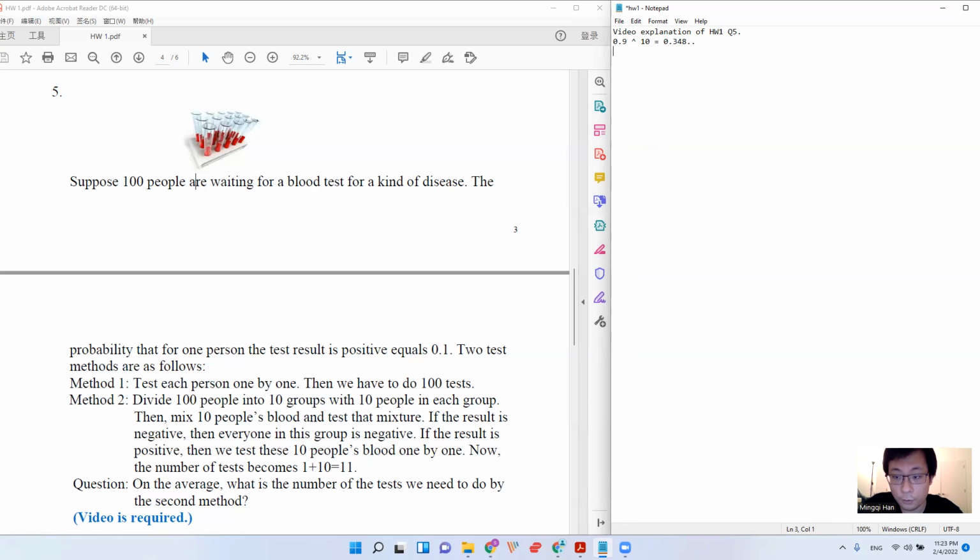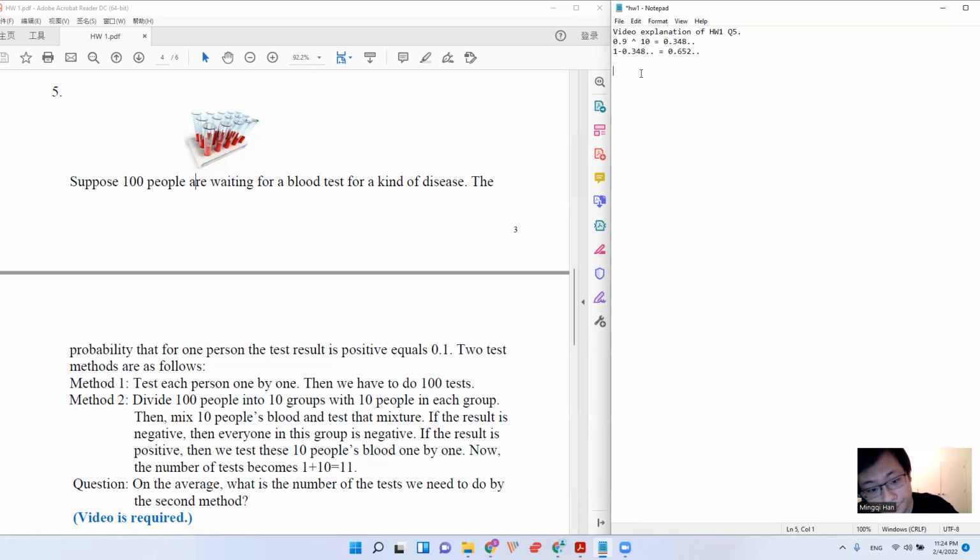And for the group that has to do the second round of test, it is 1 minus that value, which is 0.652. This is the probability of the group having to take the second round of test.